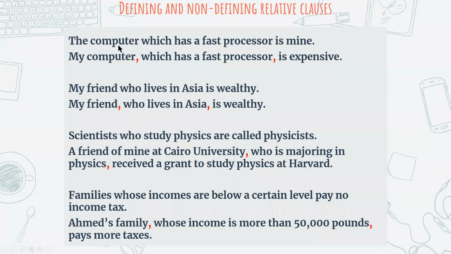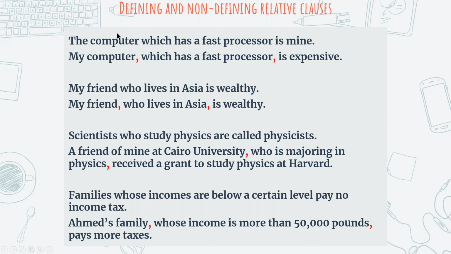Okay, for the first one, the computer which has a fast processor is mine. If the clause defines and gives you important, necessary information about the noun, don't use commas. It cannot be separated from the sentence. It's a part of the sentence. It defines the noun.